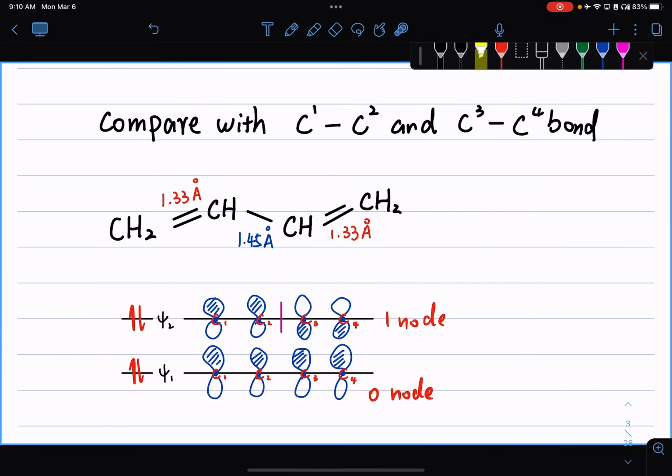Here there is a node between C2 and C3. Between C1 and C2, and C3 and C4, there are no nodes. So when you draw the 1,3-butadiene out, we're expecting the pi bond between C1 and C2 and between C3 and C4 to be stronger compared to the pi bond between C2 and C3, because here we have a node.